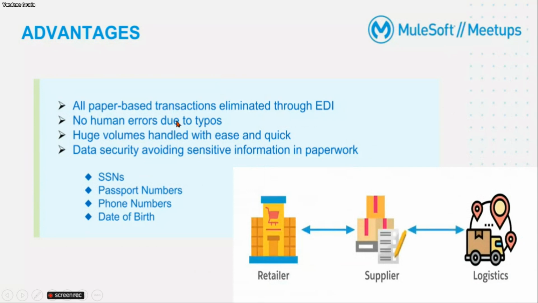We can avoid human errors, and we can handle a large volume of data in a very short period of time. And for data security, we avoid sensitive information in paperwork. For example, if there is a passport number, phone numbers, date of birth, or other sensitive information, we can secure those by using a B2B EDI transaction.